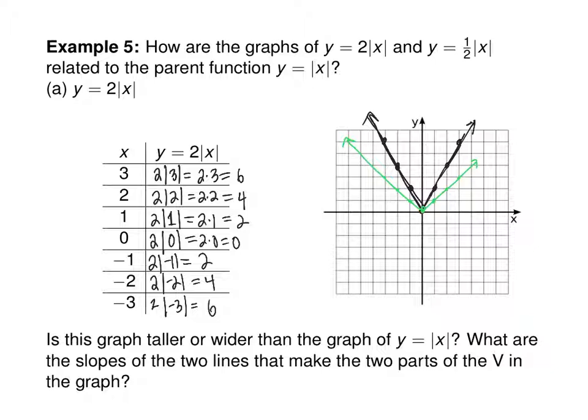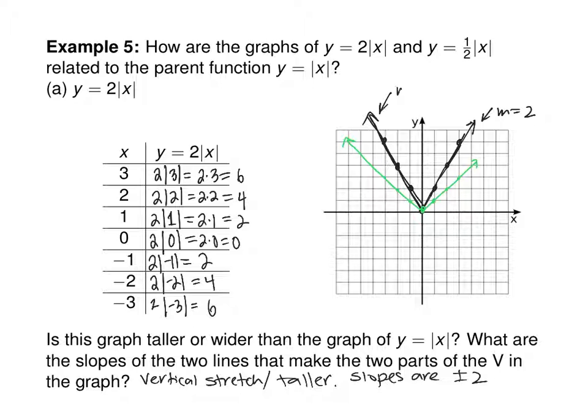So this definitely got skinnier, or was a vertical stretch. It's definitely taller. And notice that the slopes of the 2 branches of the V are plus or minus 2. Like this slope over here is positive 2, this slope over here is negative 2.